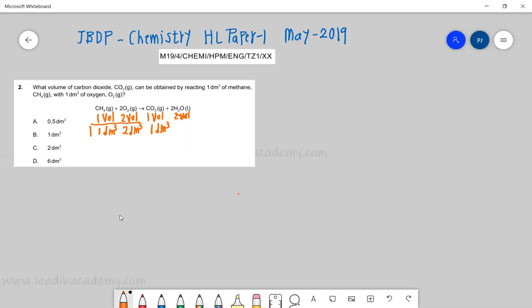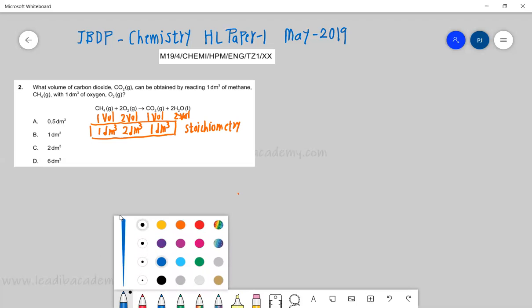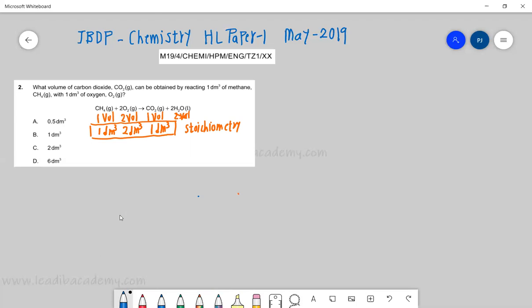Please be very, very clear. But now let's see what is available to us. What is available to us is 1 dm cube of methane and 1 dm cube of oxygen.